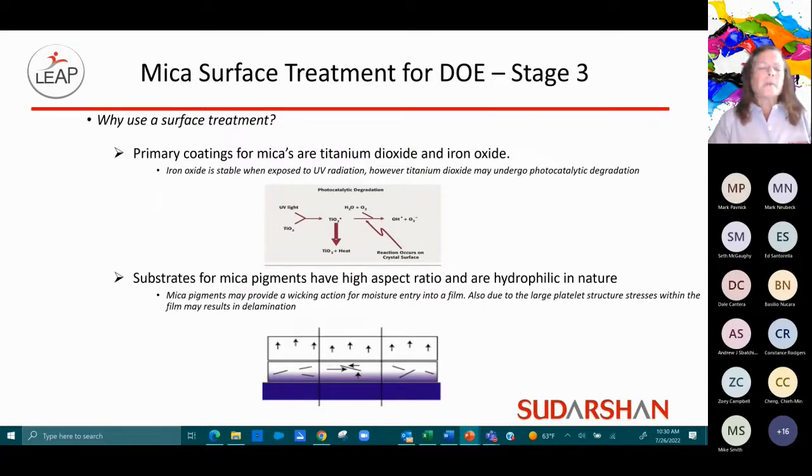Another area where surface treatments can be impactful is to help minimize or eliminate wicking action of moisture into the film or part. Because mica pigments have a high aspect ratio and are hydrophilic, they tend to wick in moisture, and so surface treatments can help retard that as well.